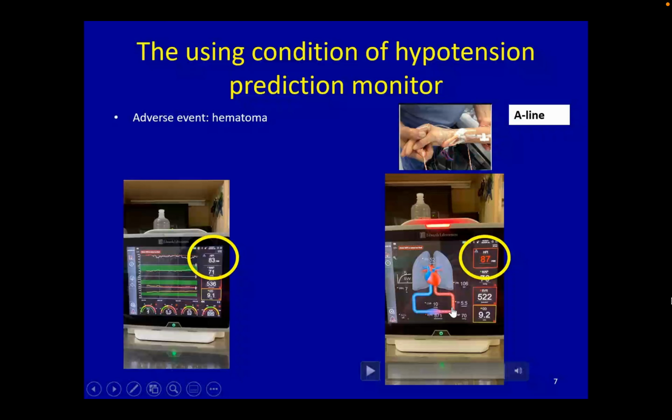In recent studies, the investigators usually use a variable, time-weighted average mean arterial pressure less than 65 millimeters of mercury, to present the severity and the duration of intraoperative hypotension. This is one of our patients.